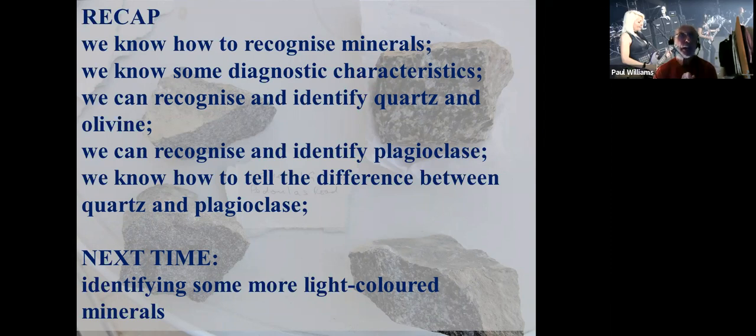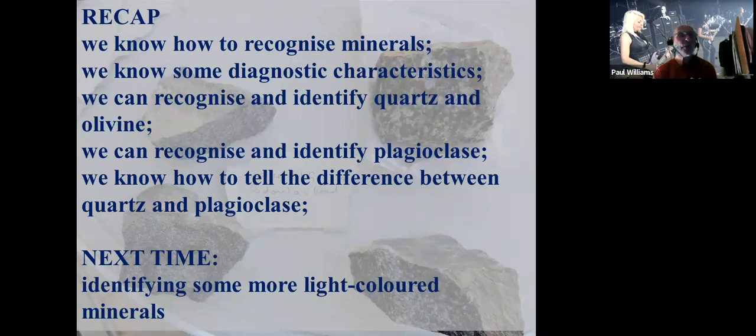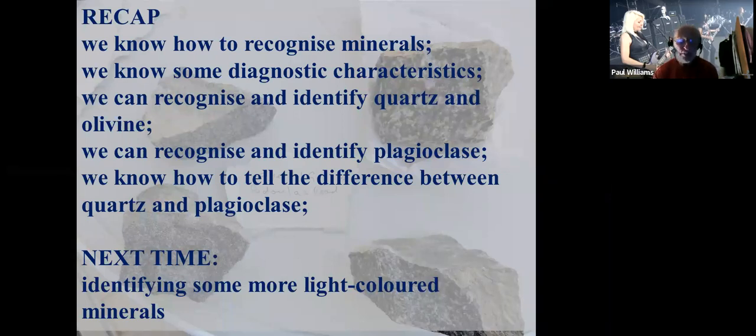Possibly, and I'm thinking here of the lamproites, which are quite strange rocks, which will have quartz, and they could possibly have olivine, but very, very rarely. And the reason is because olivine and quartz react with each other to produce pyroxene. So it's very unlikely, almost never, will you find olivine and quartz. So if you think you've got both in the rock, you've misidentified one of them, or at least you need to check very carefully on your identifications.